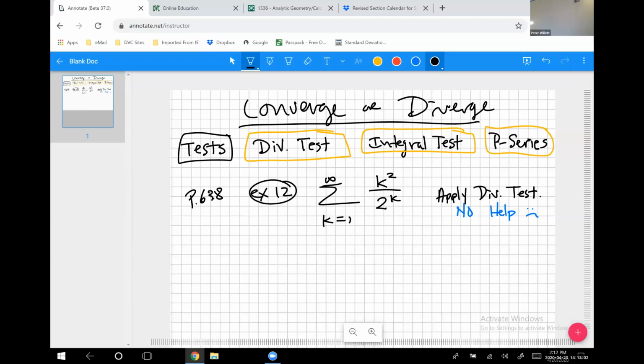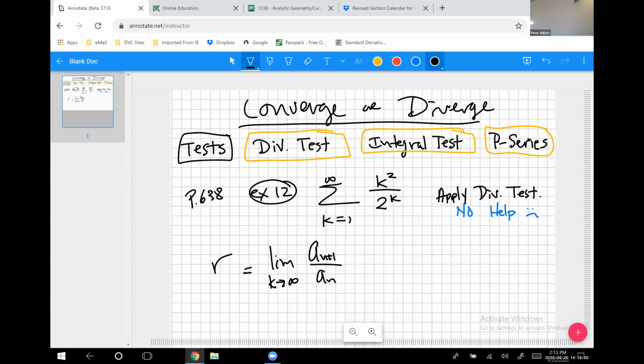So the ratio test was where you take the limit as k goes to infinity of the (k plus 1)th term over the kth term, and you call this result R. And if you take the limit of this ratio of successive terms, if you get something less than 1, then the series converges. If you get something bigger than 1, then the series diverges.